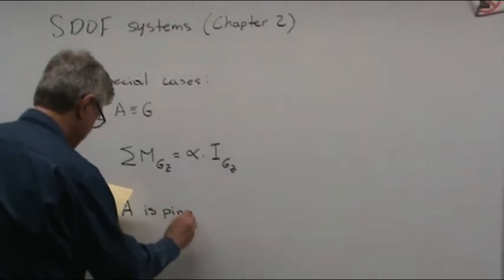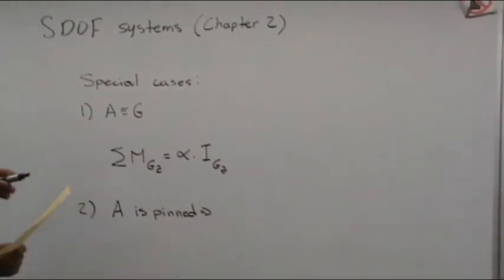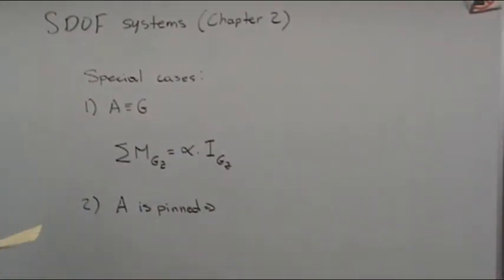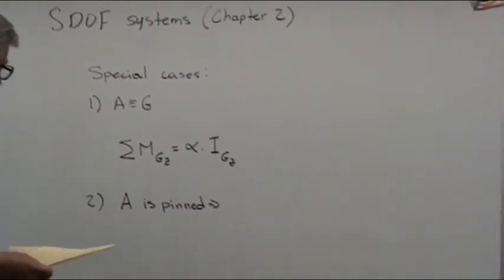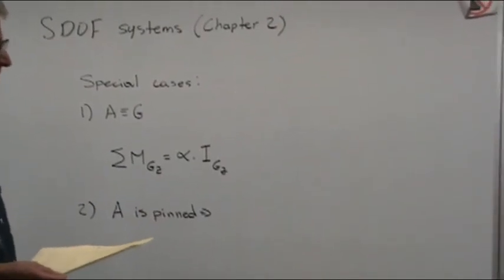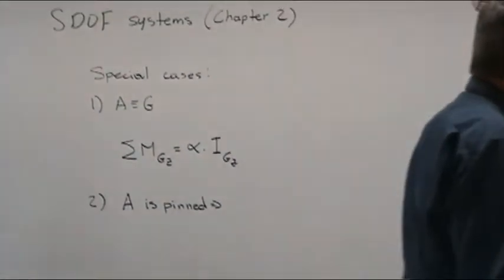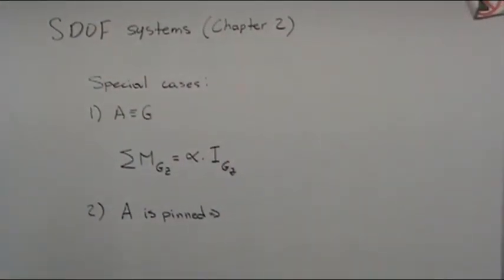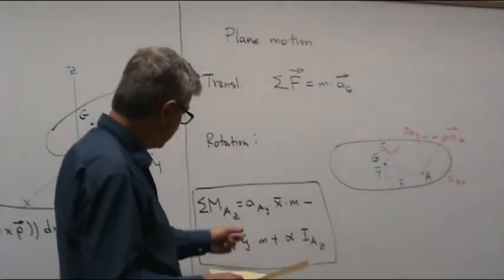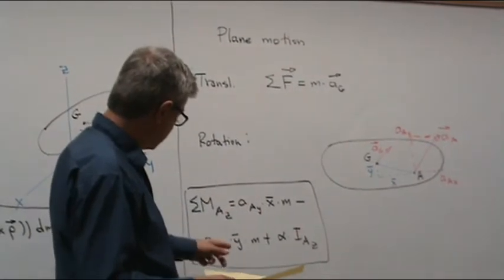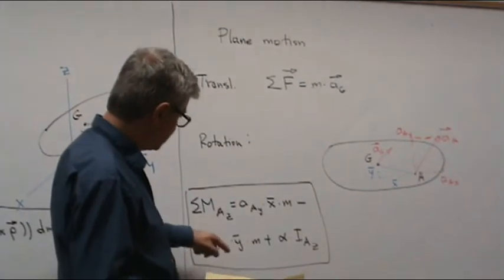That means it is a pivot point. The body can rotate about A, but doesn't move relative to A. What happens to the second equation? If it is pinned, then it means that these components, the acceleration in the x direction and the y direction, these linear accelerations are 0.